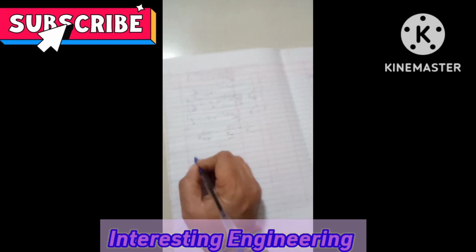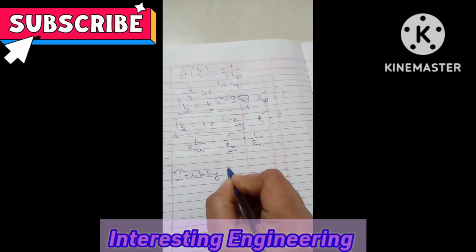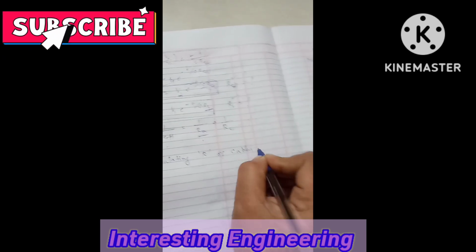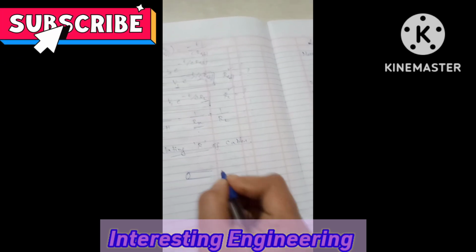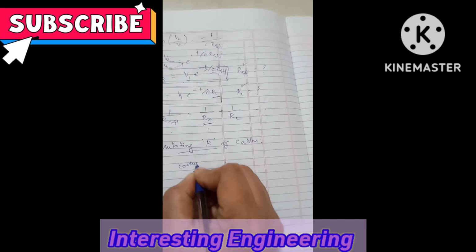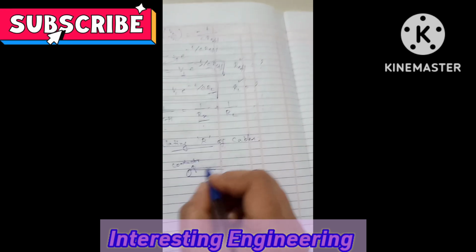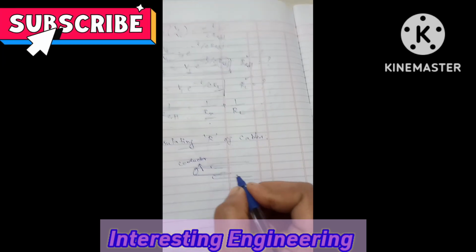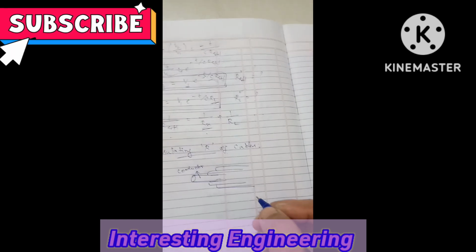To measure the insulation resistance of cables, let me explain it now. As we all know, a cable has a conductor. At the center of the cable we have a conductor, and this conductor is surrounded by an insulating material, and surrounding this insulating material a protective sheath is provided.